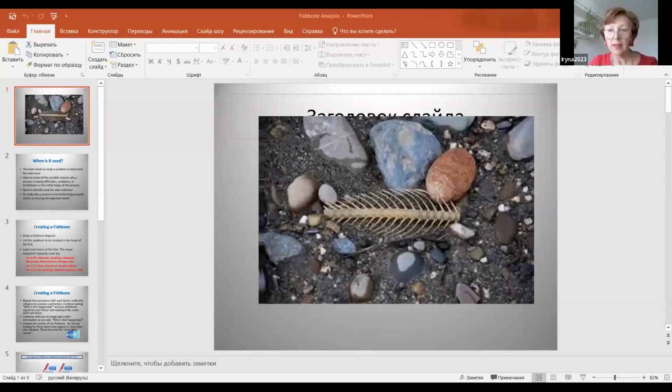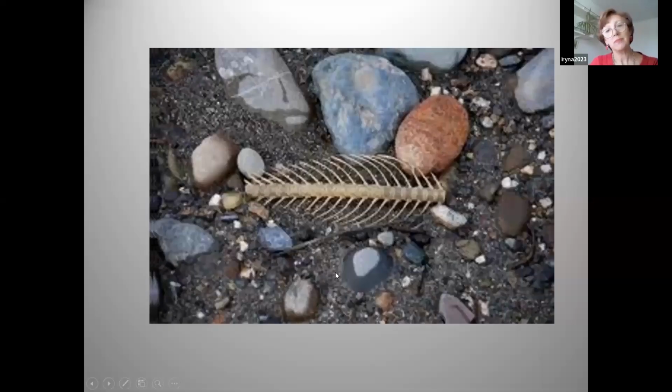Well, what do you see here? You see rocks, and what's this? Something that is left from a fish, the bones.